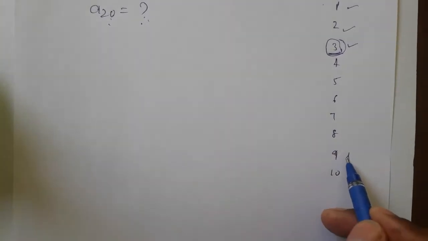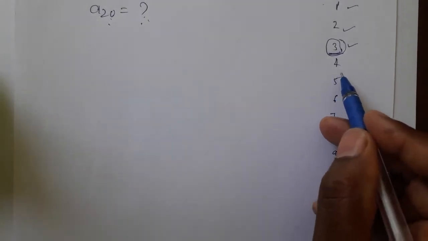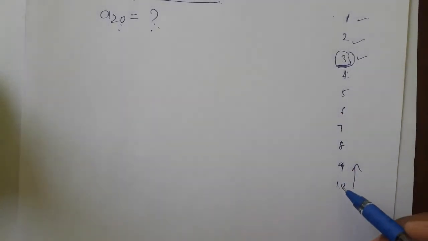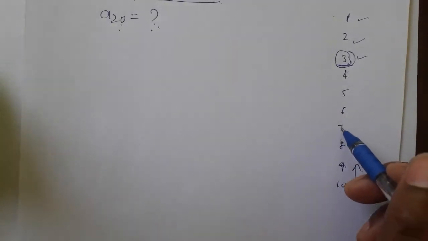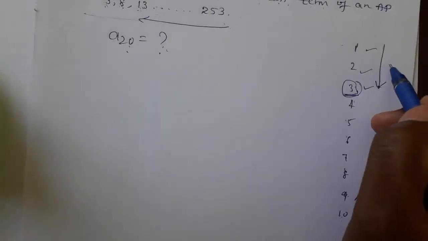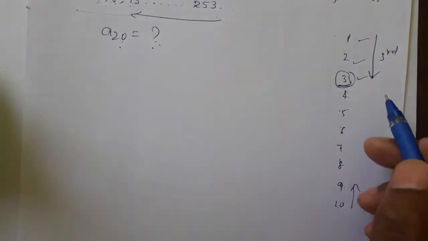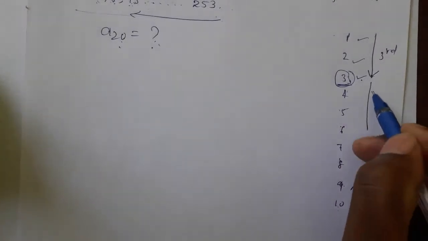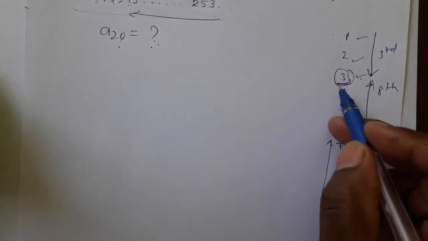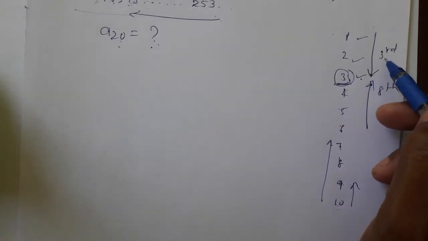But when we count from this direction, 1, 2, 3, 4, 5, 6, 7, 8. He is sitting in the 8th position. So from this direction the person is sitting at the 3rd position. From the bottom direction, from the last direction, the same person is sitting at the 8th position. From the top direction when we start, it is the 3rd position.